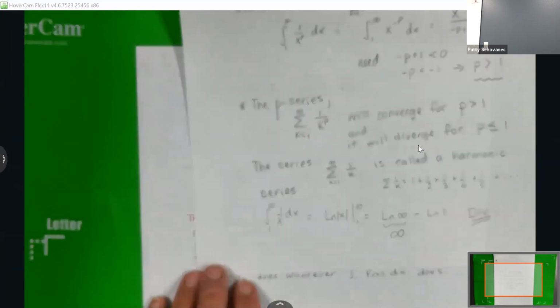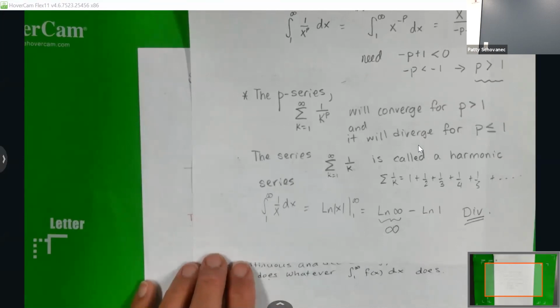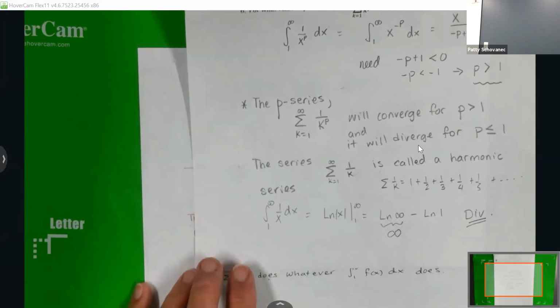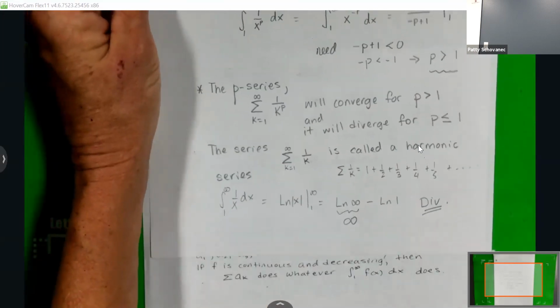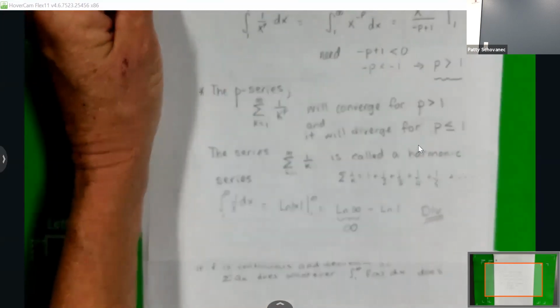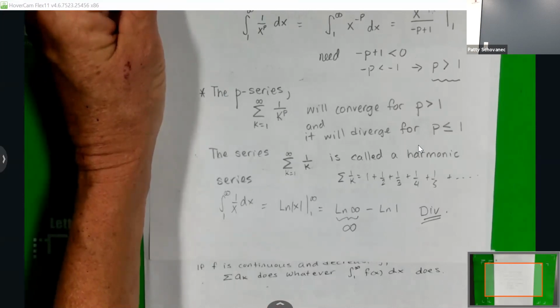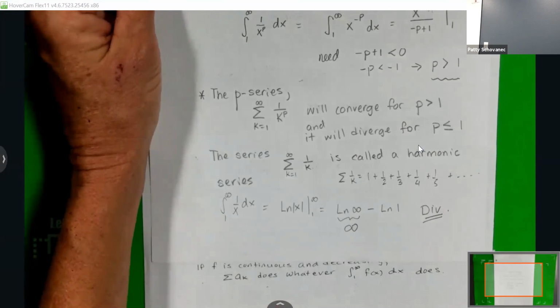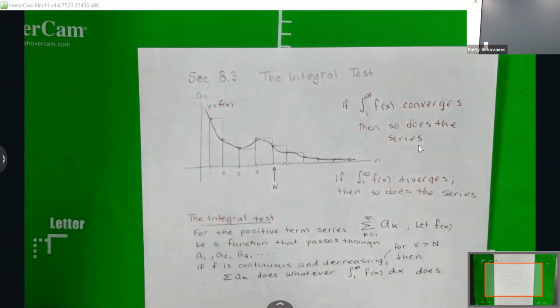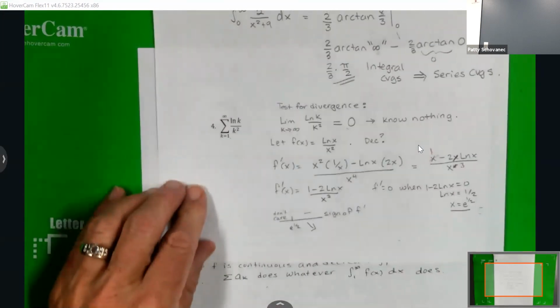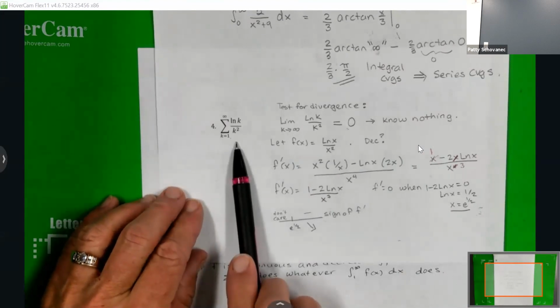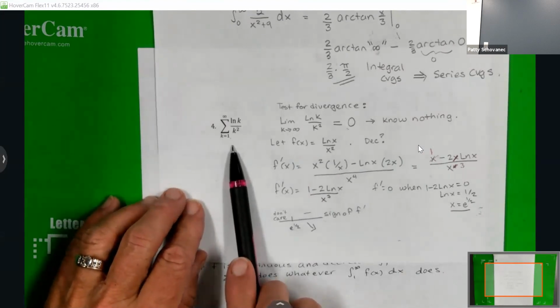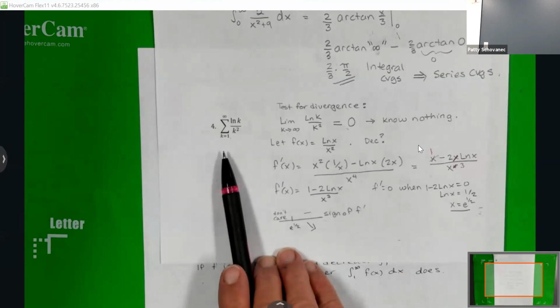We need to train ourselves to recognize p-series. Then we just look at the size of the power. If the power is a number strictly bigger than 1, then the series is going to converge. If it's smaller than 1, then it's going to diverge. This series back here, with the logarithm in the numerator, is not quite a p-series.